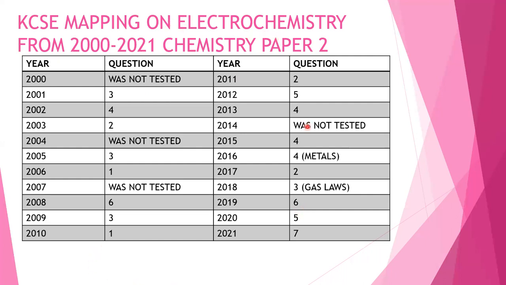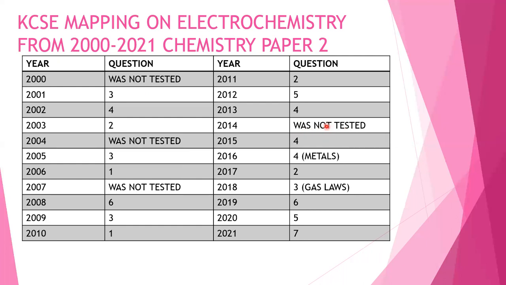In the year 2014, it was not tested, since we know that paper 2 consists of 7 questions, but in 2014 they only tested 6 questions. In 2007, they only tested around 5 questions.